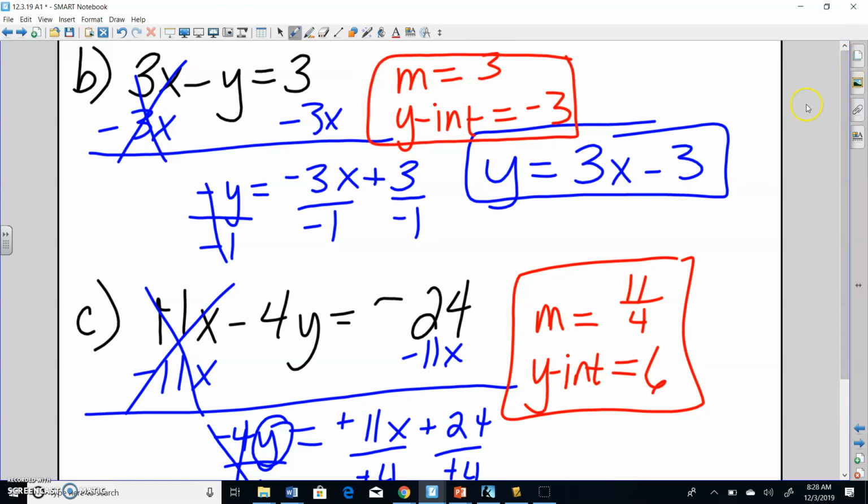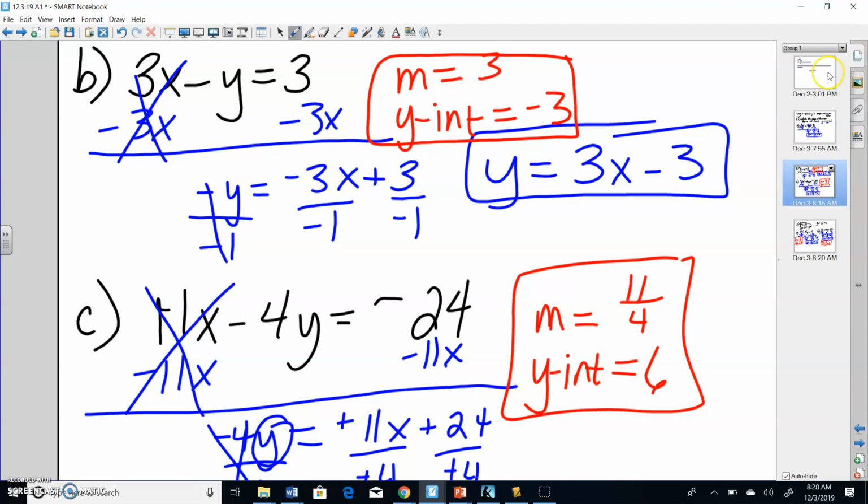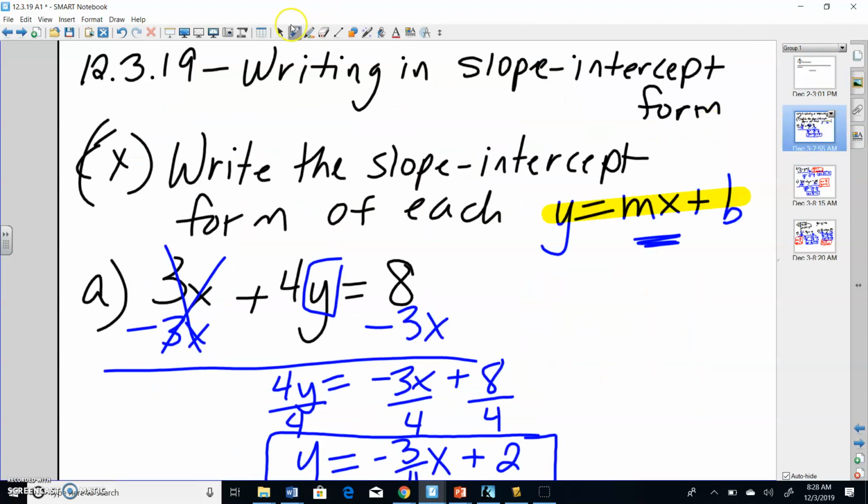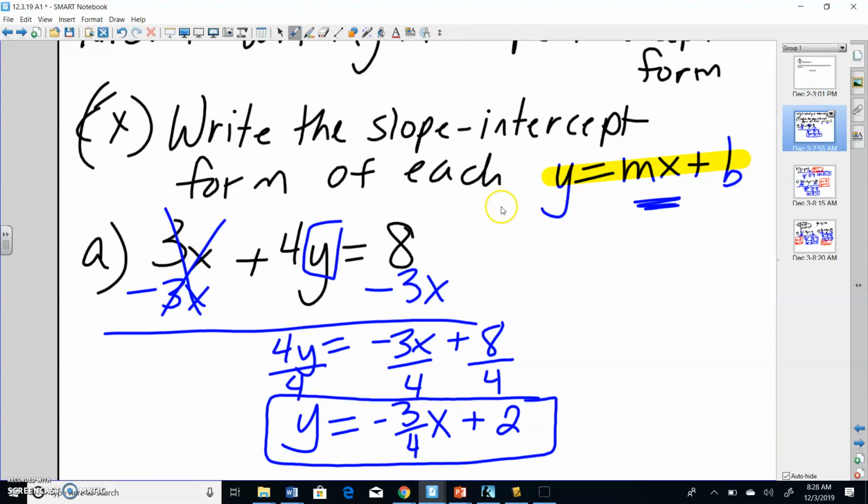And then we have one more to go over. Is that it? Where's my, did I erase A? I must have erased A. What was A? Y equals what? Oh, there it is. I don't know what happened.